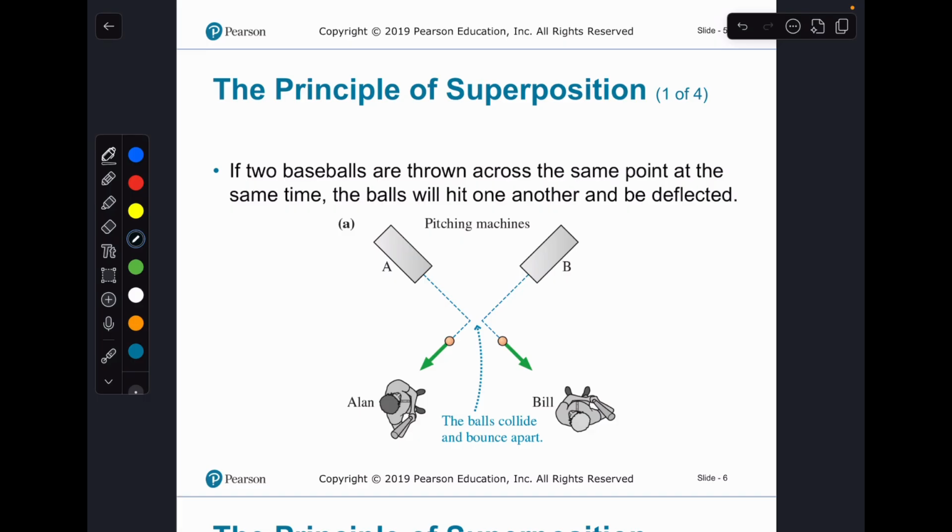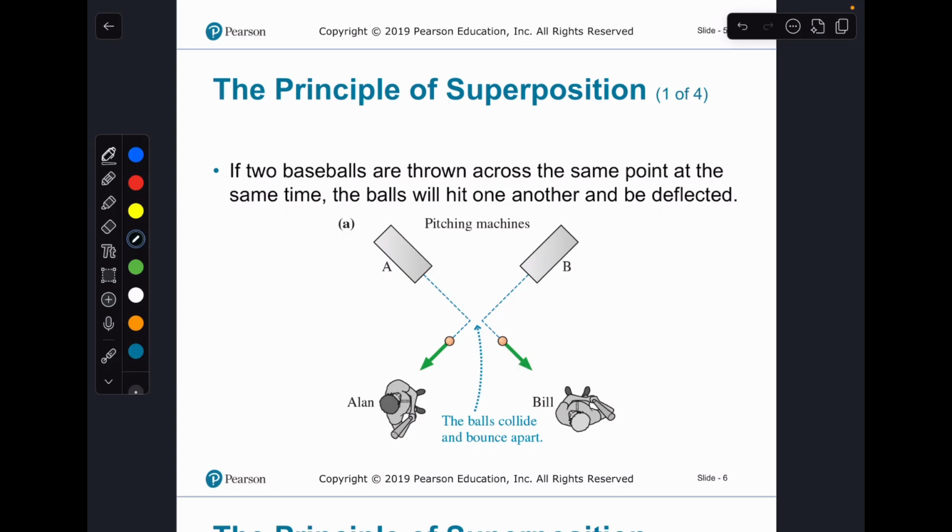For example, two baseballs. Say we throw them from pitching machines and we point those pitching machines together. There is a location where those physical objects will meet, interact with each other, and bounce off of each other, right? This is meant to illustrate what waves don't do.